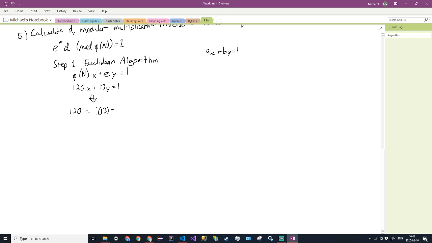That just means we don't care about the decimal place. We just want the integer number of times that 13 goes into 120. So it's going to turn out to be 9. And then we just add the remainder to balance out the equation. So that is plus 9 times 13 is 117, so plus a 3.